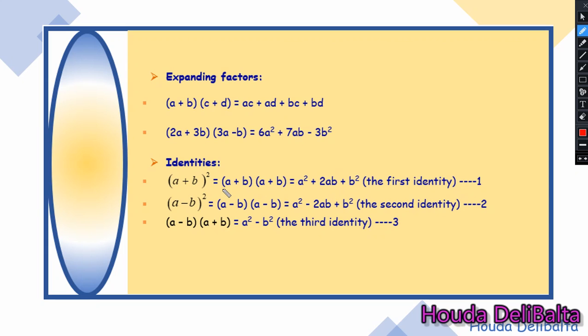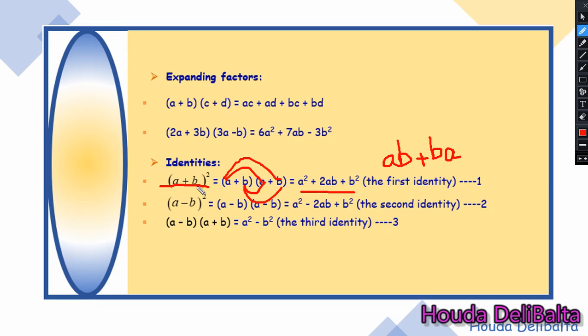So again, a times a is a squared, a times b is ab, b times a is ba, it's the same as ab, and b times b is b squared. So ab plus ba gives 2ab, and this is the result of this factor.